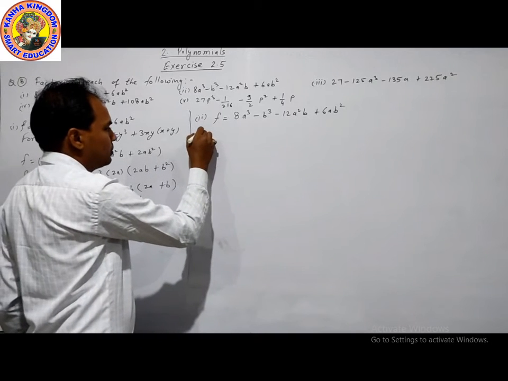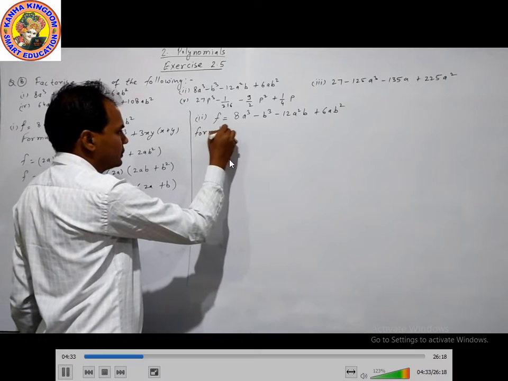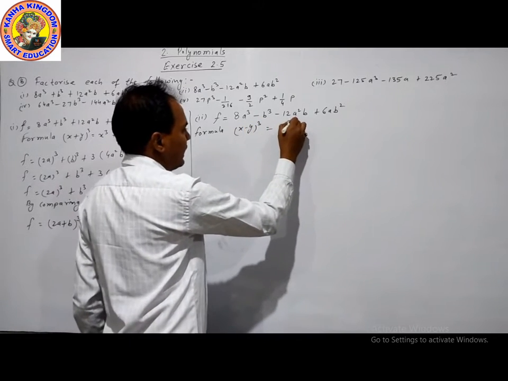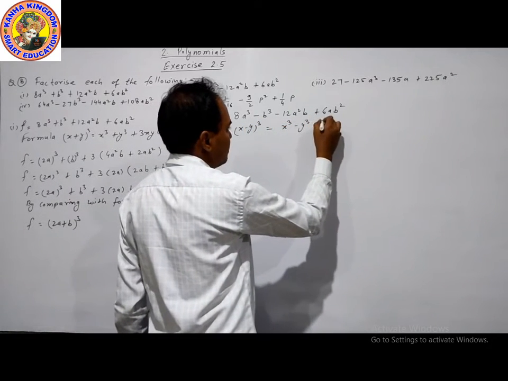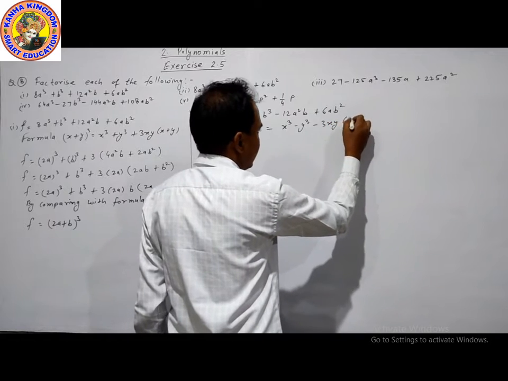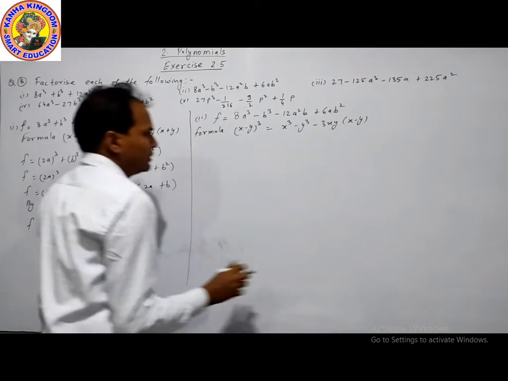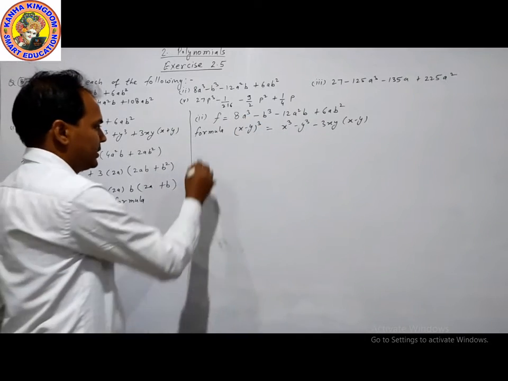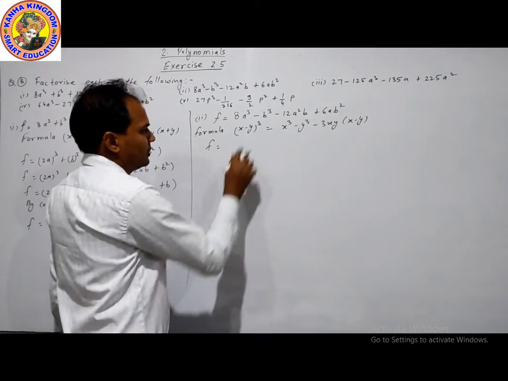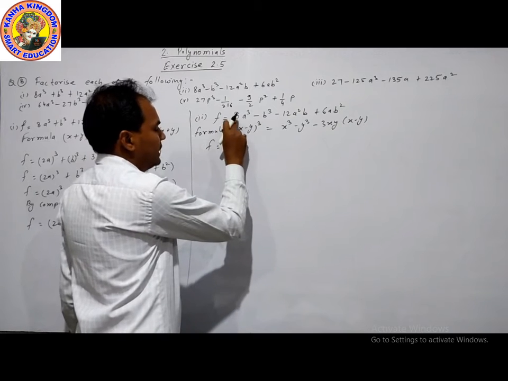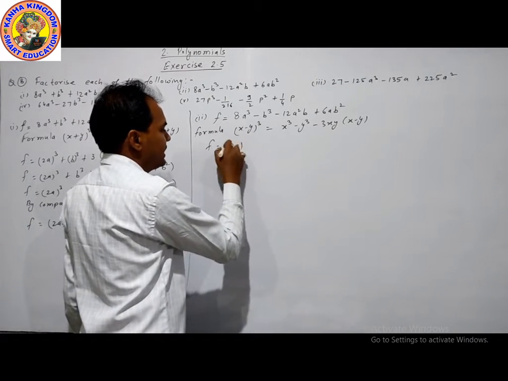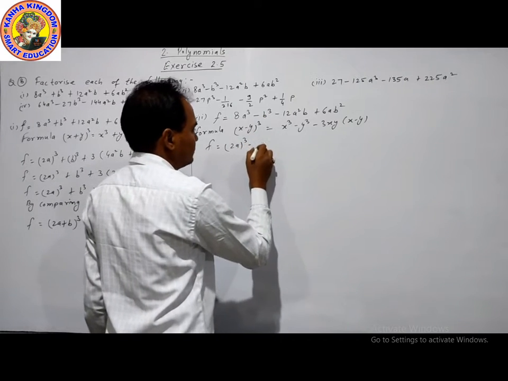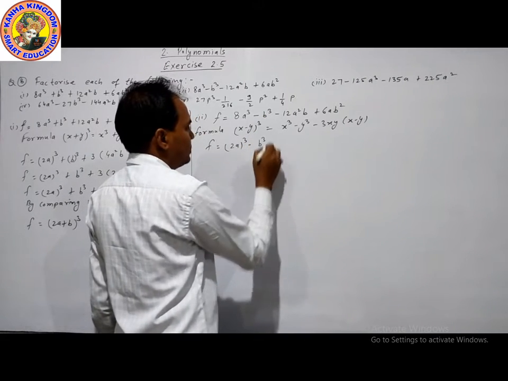So using the formula x minus y cube, the solution is x cube minus y cube minus 3xy times x minus y. Now I am making this equation in this format. X cube is 8, 2 cube is 8, so this is 2a cube, then b cube.